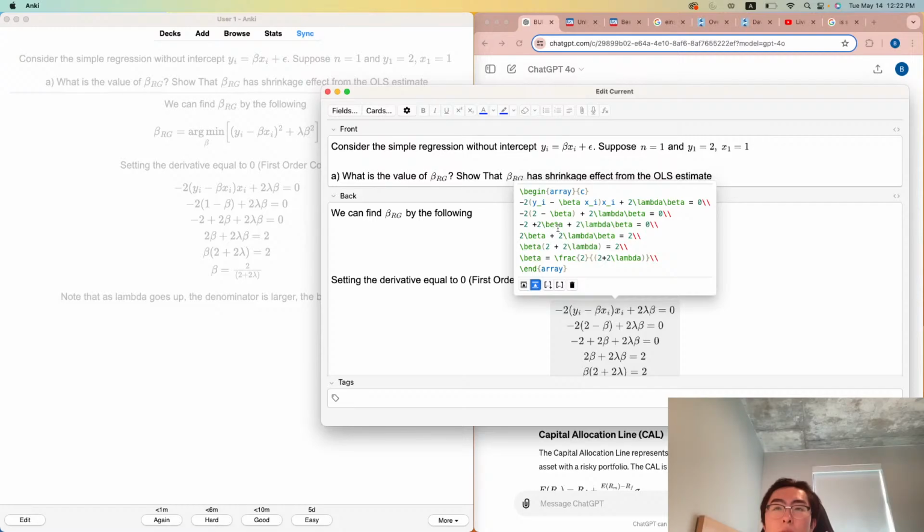So this just becomes negative, so negative 1, negative 2 plus, yeah, we don't need this beta here. We don't need this beta either. So it'll be 1 plus.